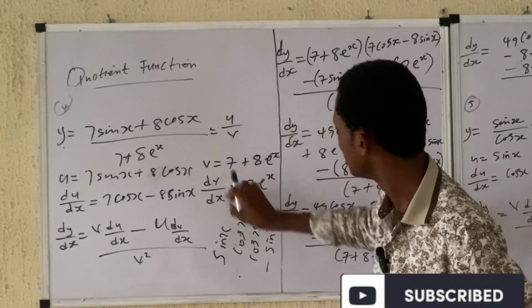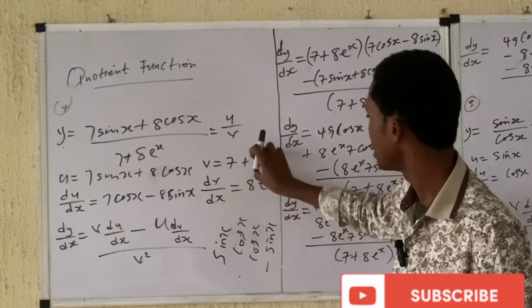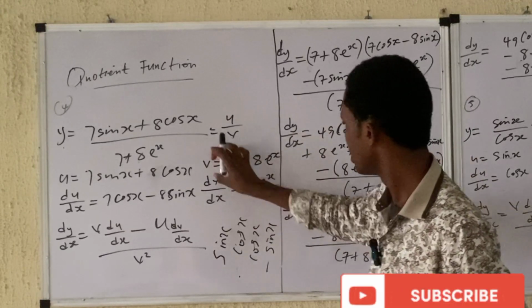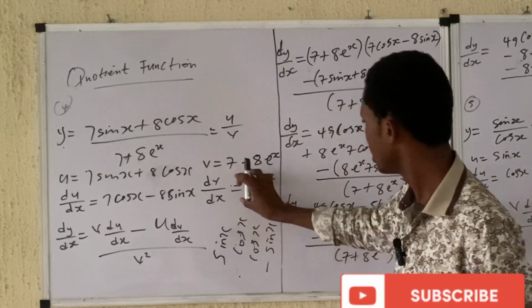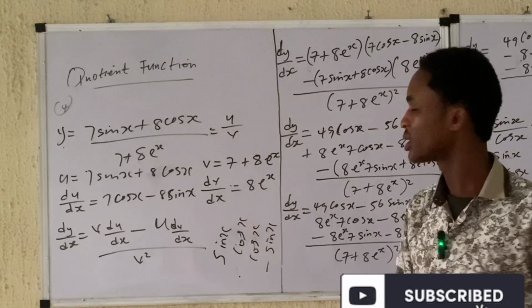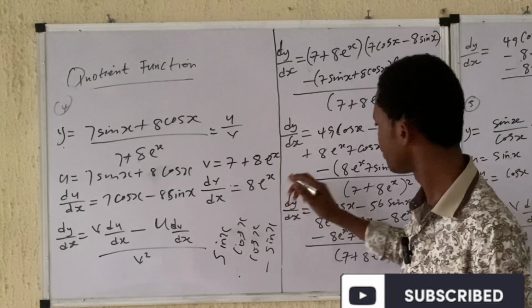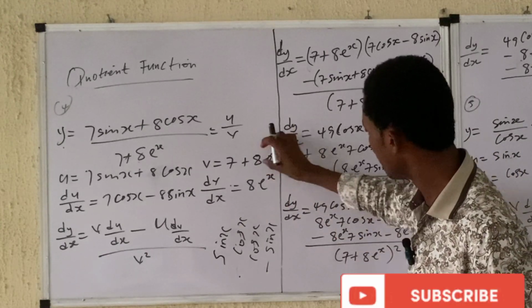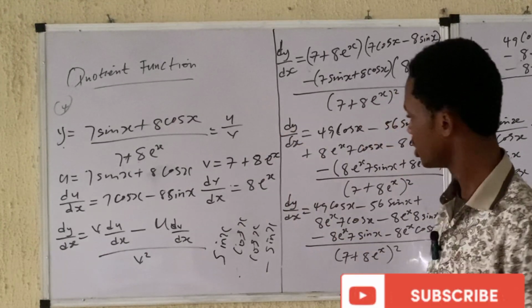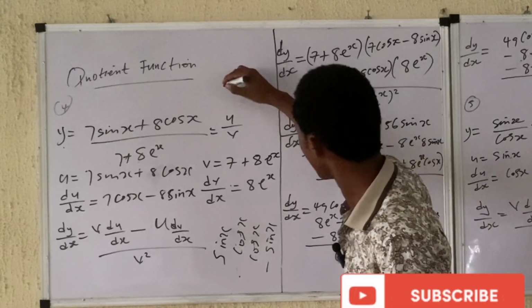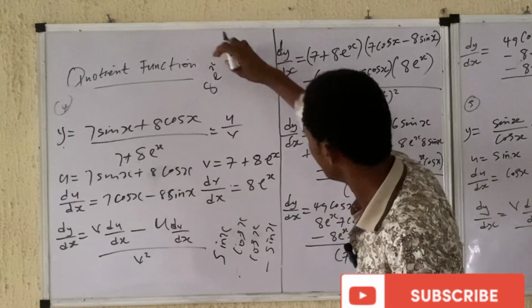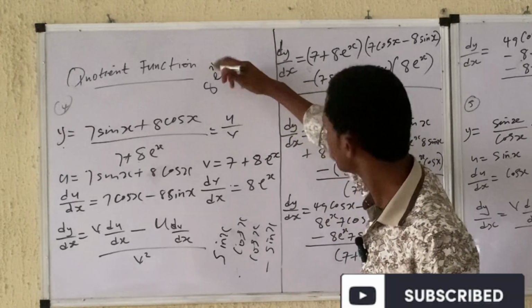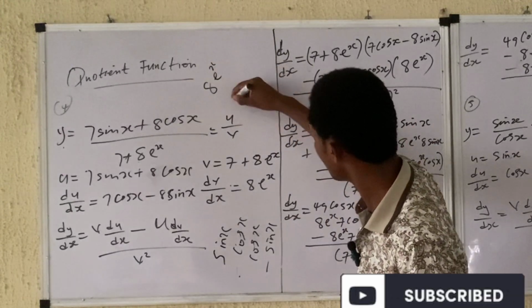While for the v, which is 7 plus 8 exponential x, differentiating v with respect to x, dv/dx equals, remember 7 is our constant, which is 0. Differentiating 8 exponential x, the power comes down, which is the x.